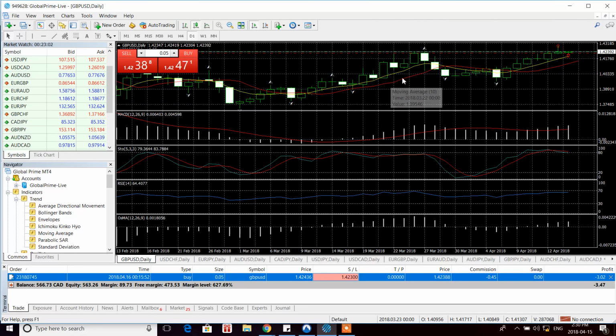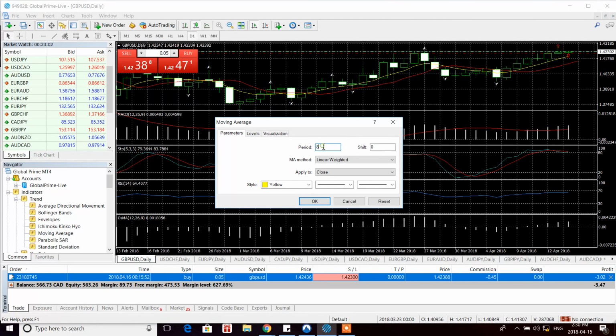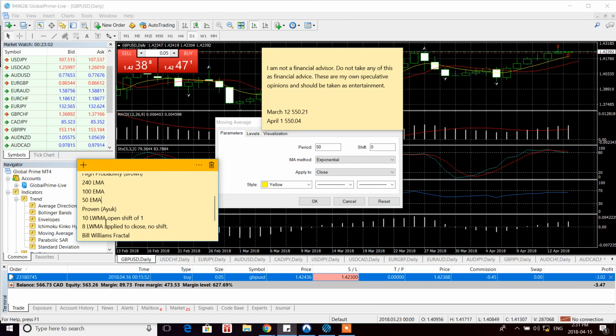So let's change this 8 to the 50, and it's going to be EMA. Okay, so there's the 50 EMA, there it is, and it's going to be yellow.